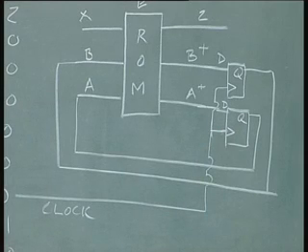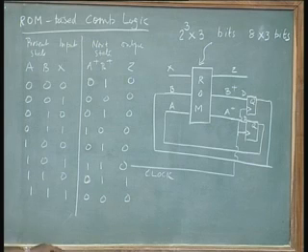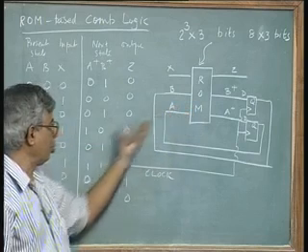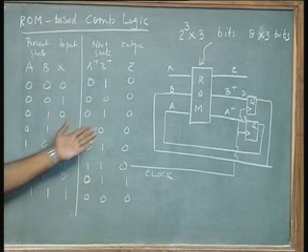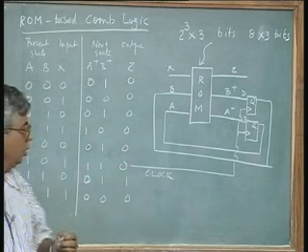This is the ROM based design. Now, this whole thing is just to program this table, this state table if you will, into hardware and write it into this ROM.